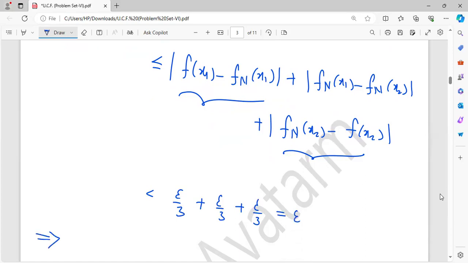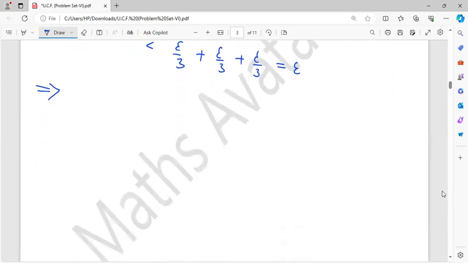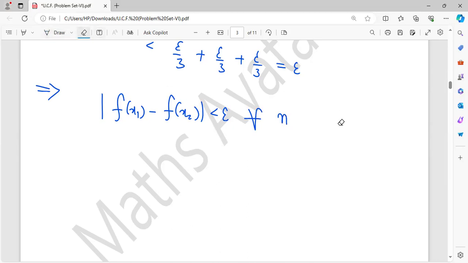This implies |f(x1) - f(x2)| less than epsilon for all x1, x2 belonging to I with |x1 - x2| less than delta.